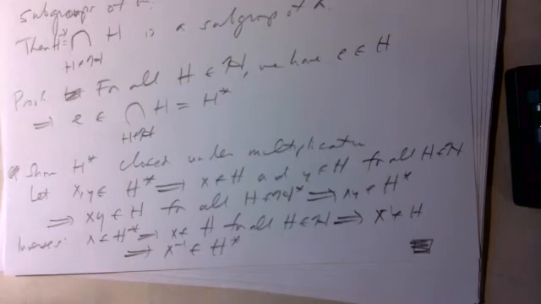I proved that if you have a set of subgroups of a group, and you look at their intersection, it contains the identity, it's closed under multiplication, and it's closed under taking inverses. So it's a subgroup. And it doesn't matter whether the collection of subgroups is finite or infinite.